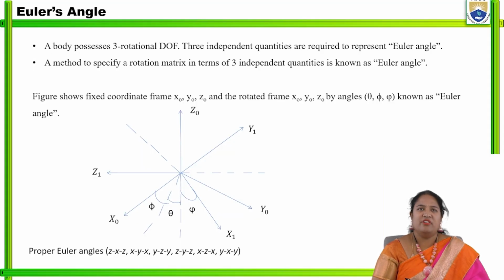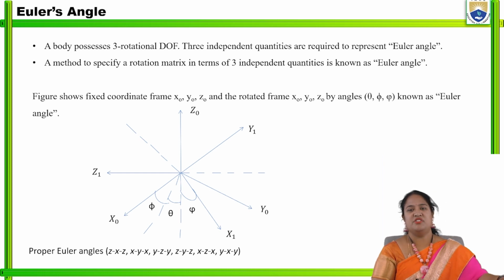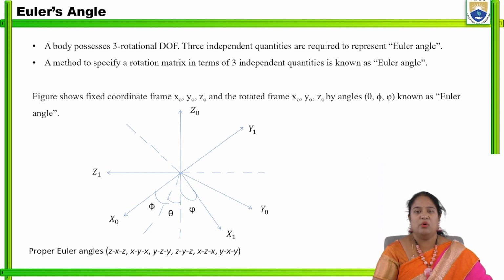Coming on to the first concept, that is Euler's angle. What do we mean by Euler's angle? As we all know, in the previous session we discussed the rotational matrix, right? What was the use, and what was the application of the rotational matrix?